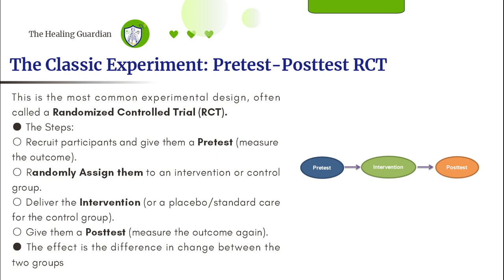The steps are known. You recruit the participants, then you give them a pre-test. If you are going to test them on a drug that reduces blood pressure, first test them before the intervention. Then randomize and assign them: you'll be in the intervention, you'll be in the control.